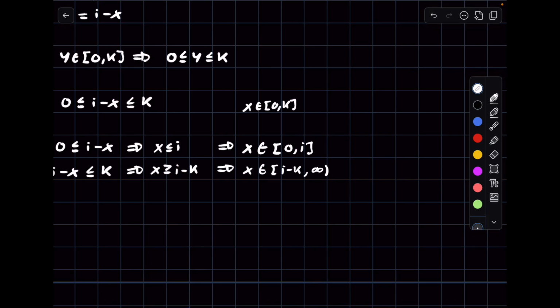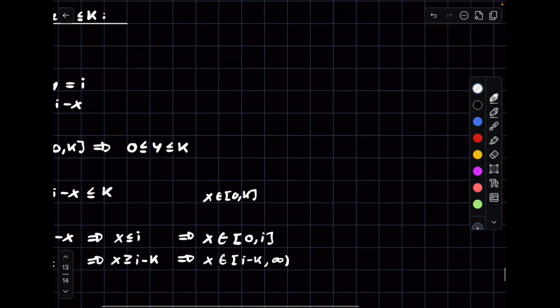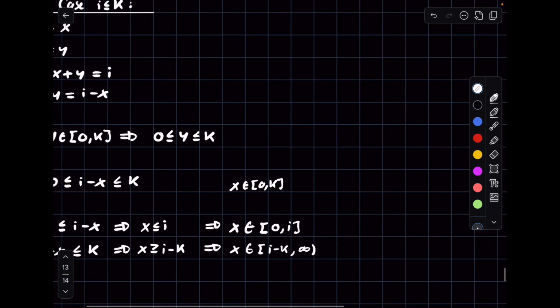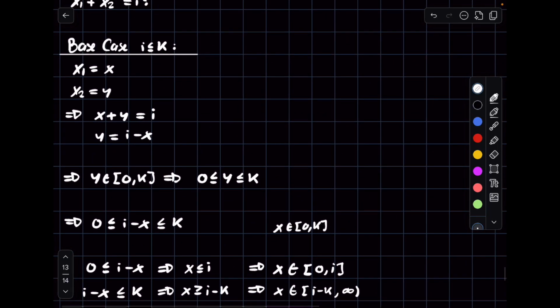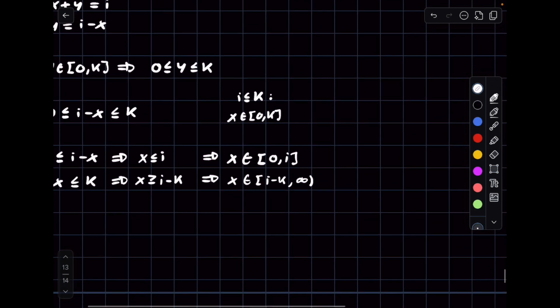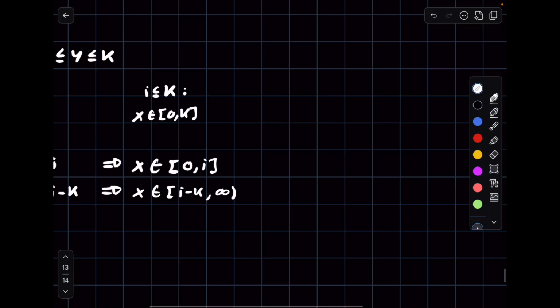So what do we do here? We're going to search now for the bounds, right? We know for a fact that we started at the base case where I is lower or equal to k, meaning that what is the smallest thing that we have? What is the intersection of all of these guys, right?